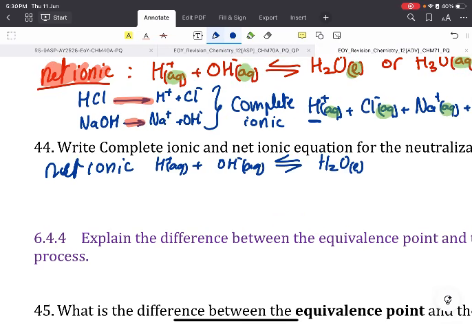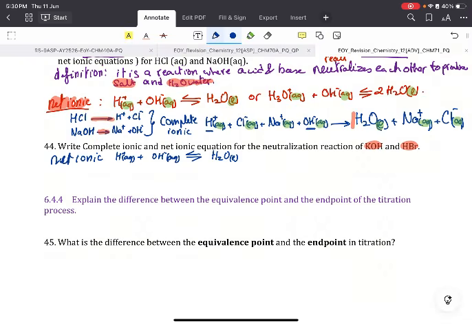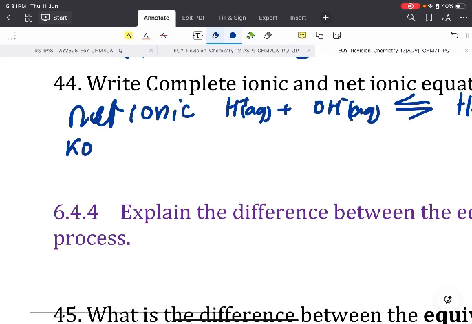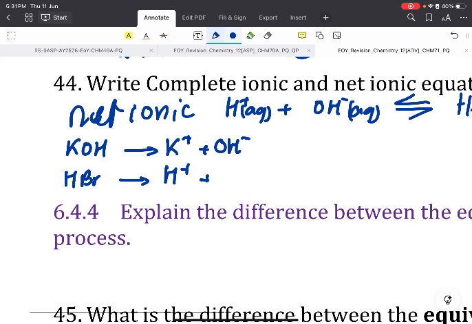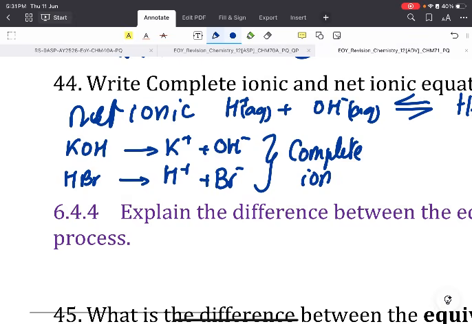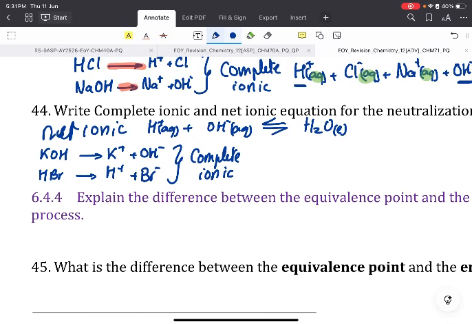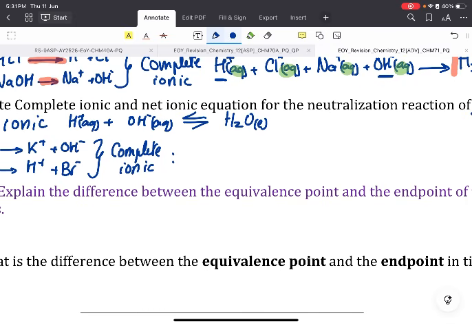Remember, water is the only one liquid. It's always liquid. Now let's put together the ionization of KOH and HBr in order to come up with the complete ionic equation. So KOH is gonna give me K plus and OH minus, and HBr it's gonna give me H plus and Br minus. So now let's use these ions in order to write the complete ionic equation.